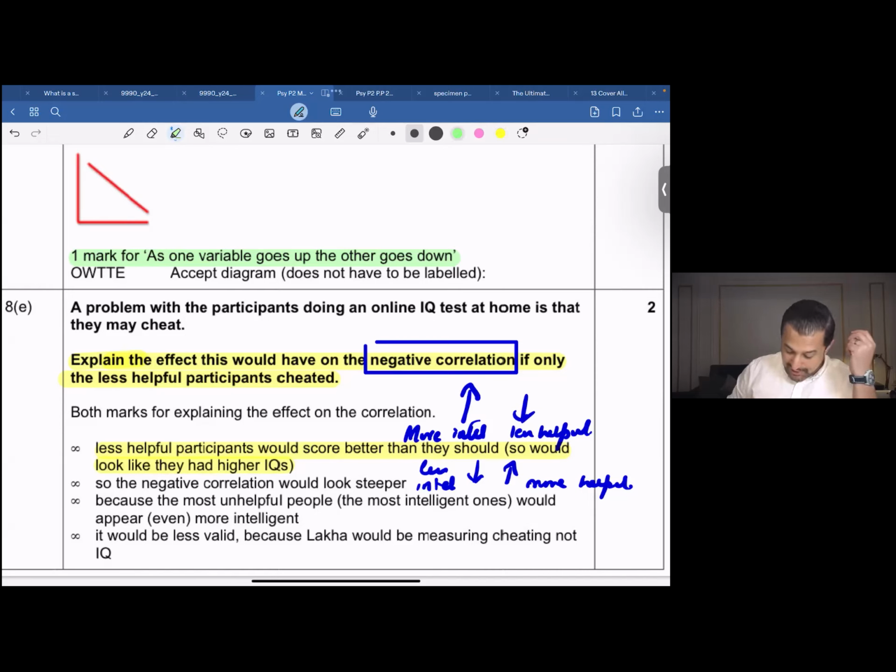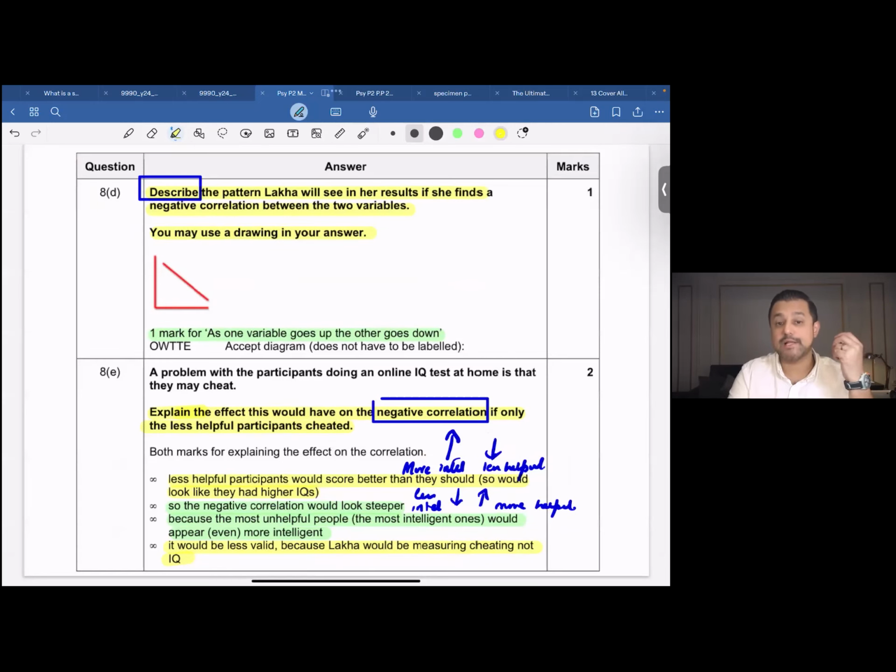Number 2, the negative correlation would look steeper, because the most unhelpful people, the most intelligent, would appear even more intelligent. Or it would be less valid because Lakha would be measuring cheating and not IQ. So these could be possible examples or anything else as well. I hope this has helped. Thank you.